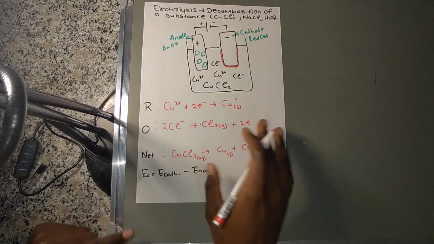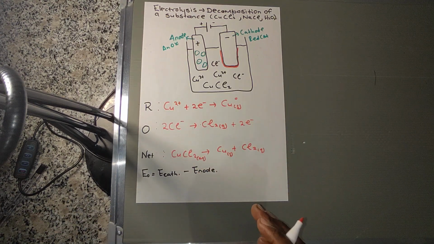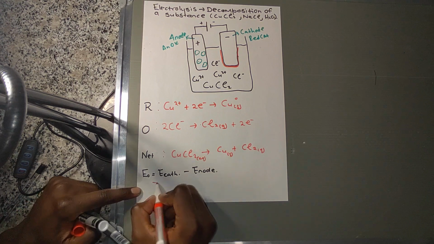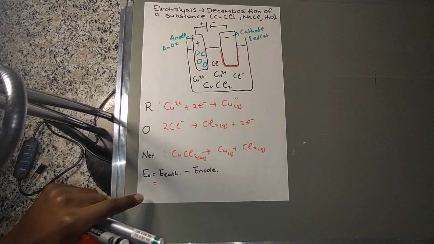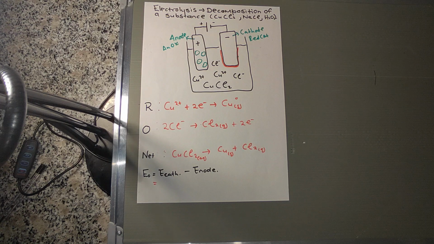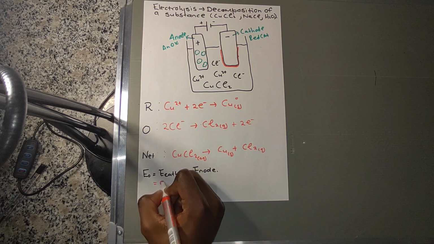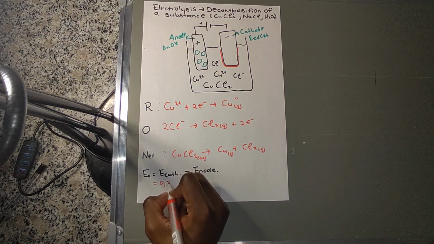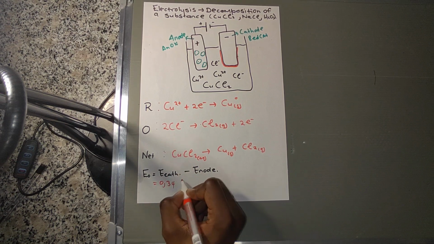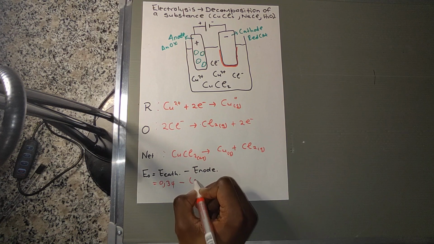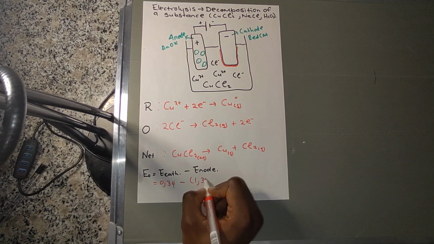So we can calculate the EMF of the cell. You'll find these values again from the standard potential table. So the cathode is 0.34 minus 1.36.